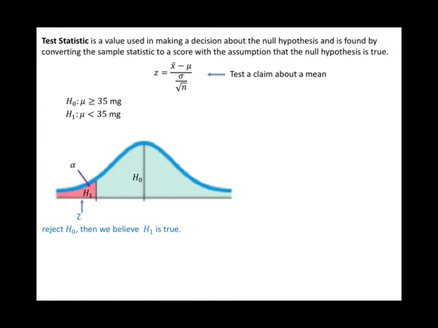That means the new design of the engine reduces the amount of PM. But if your test statistic is located somewhere like here, in this part, then we say fail to reject. We believe the null hypothesis is true. That means our new design engine failed. It can't reduce the mean amount of PM to less than 35 milligrams.